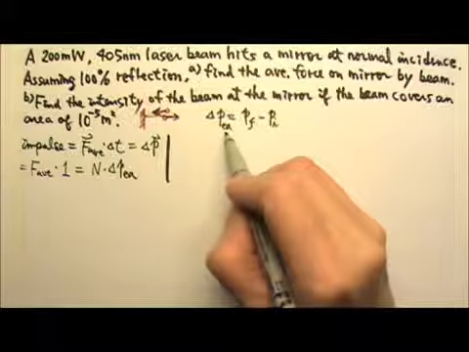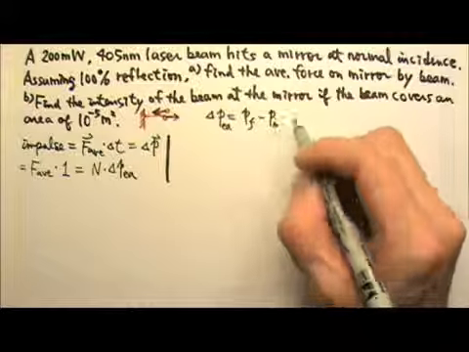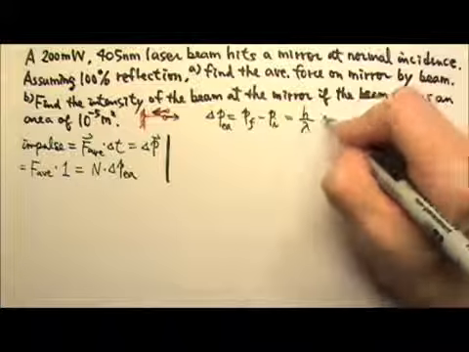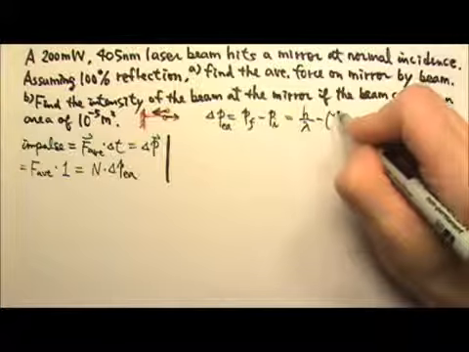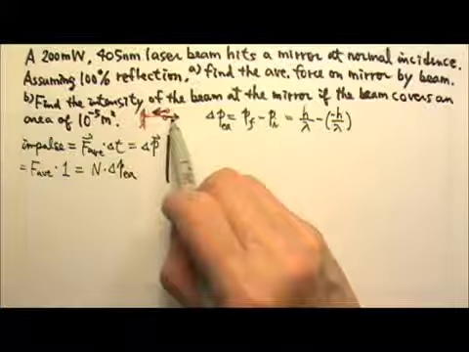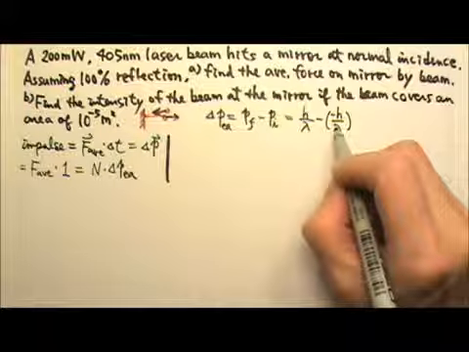The changing momentum for each photon is the final momentum minus the initial momentum. Let's say the final momentum is h over lambda. The initial momentum would be negative h over lambda because the initial and final are in opposite directions. So if I make one positive, I have to make the other one negative.